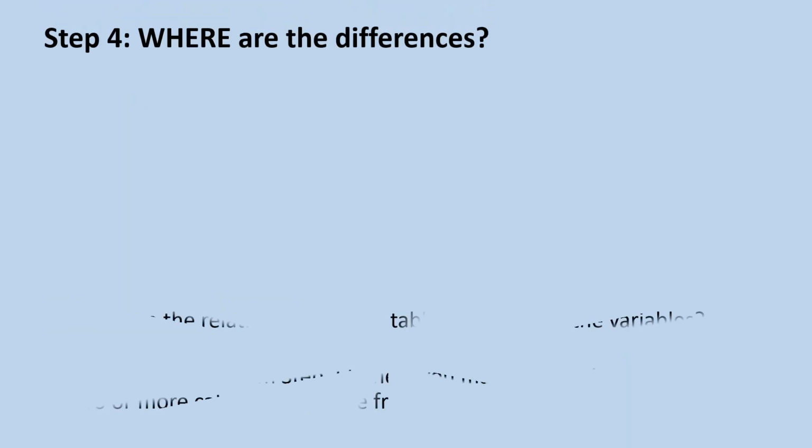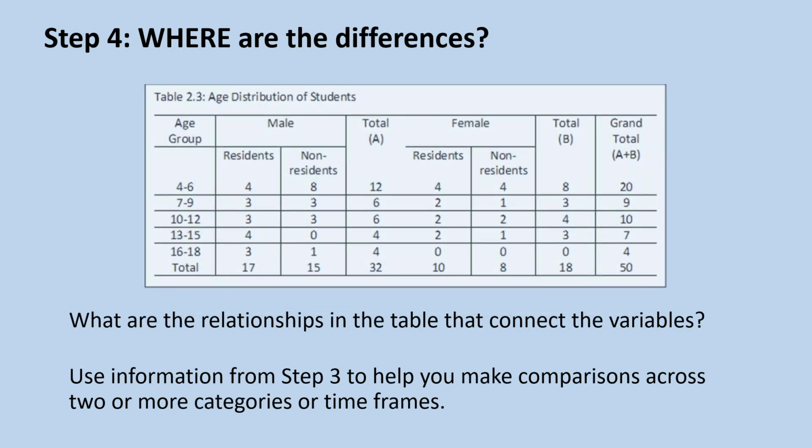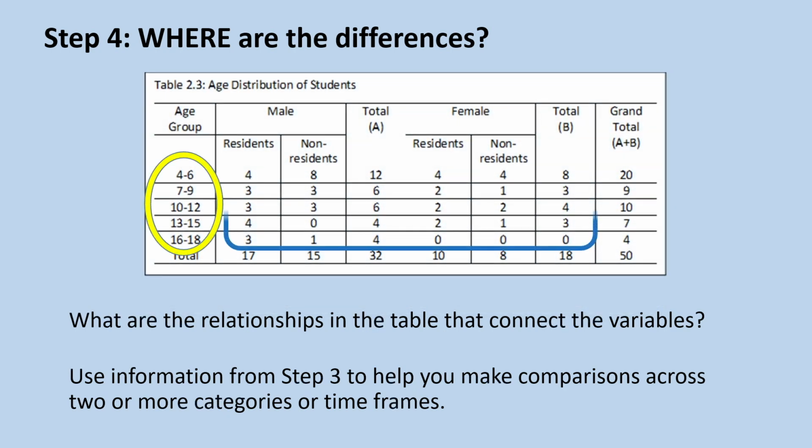Moving on to step 4 now. Where are the differences? Here, we need to find the relationships that connect the variables by looking into the data at the body of the table.